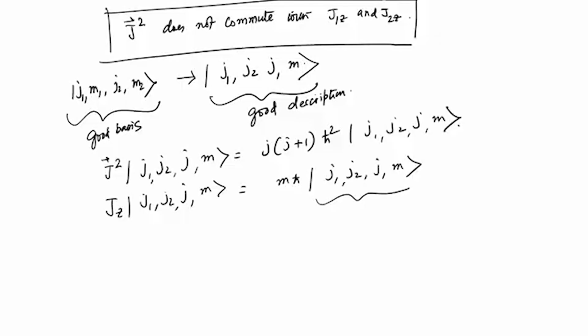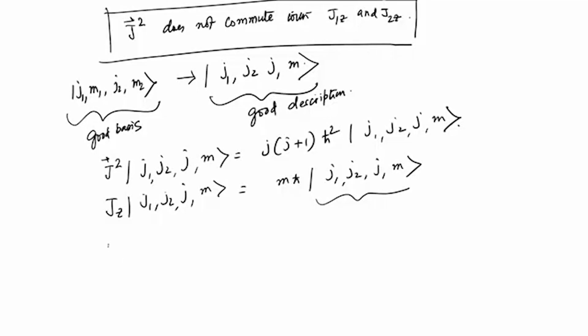So, the quantum numbers J1 J2 M1 M2 as well as the quantum numbers J1 J2 J M, both are the real eigenbasis, so to say, for this problem comprising of J, which is the sum of the two angular momenta of the two particles. Okay. This is a bit of repetition that I am doing, but it is probably worth it because you need to understand these well.